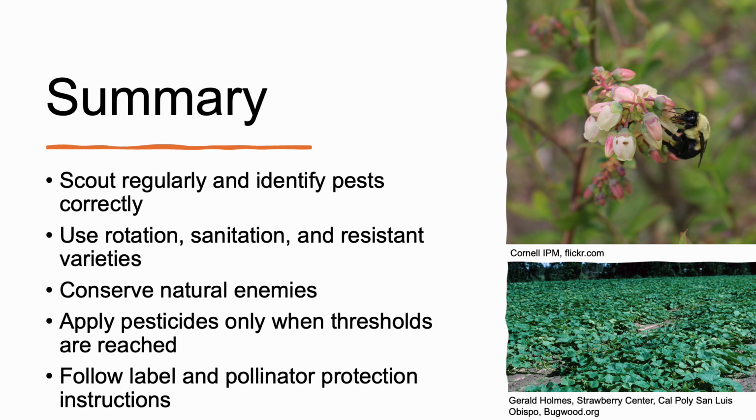Pesticides should only be applied when economic thresholds are reached and always according to the label. Finally, following pollinator protection instructions ensures that management decisions are both effective and environmentally responsible.